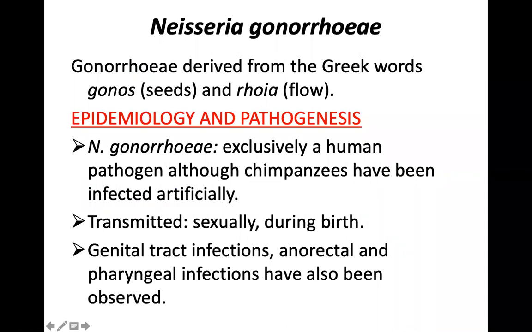The second species is Neisseriae gonorrhoeae, which is a bacterial pathogen responsible for causing an STI called gonorrhea. Neisseriae gonorrhoeae is exclusively a human pathogen. No reports of zoonotic infections, although chimpanzees have been infected artificially.